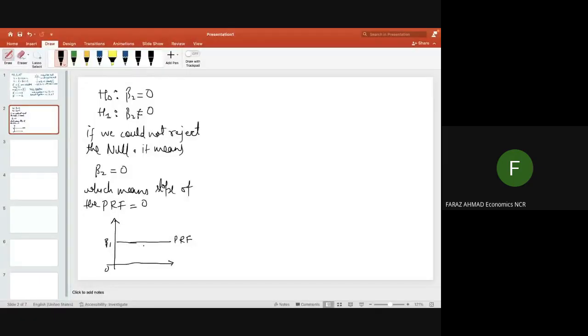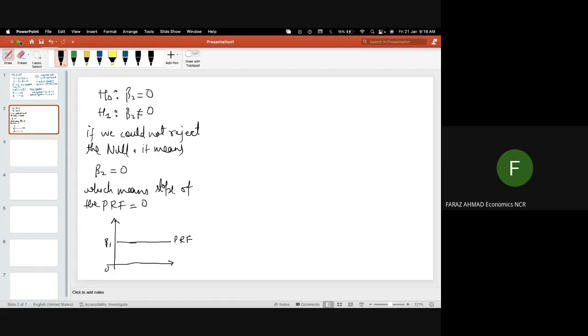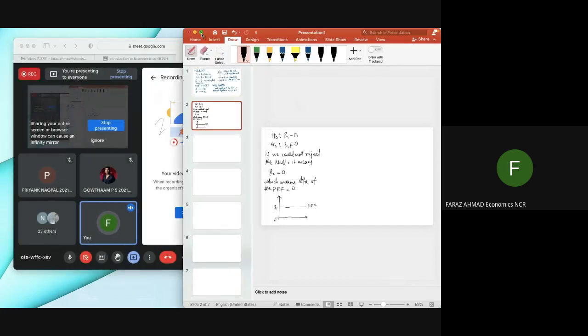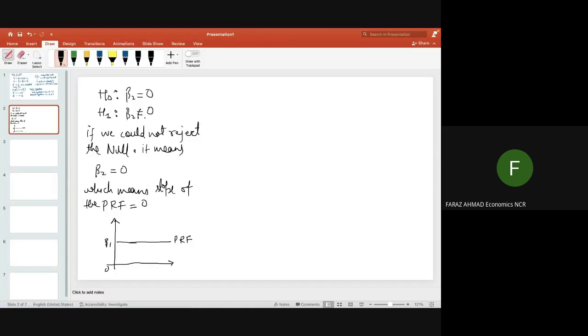We have an intercept called beta 1, but the slope is 0. So it is flat. Now, if the slope is 0 and the PRF is flat, it means there is no relationship between x and y.